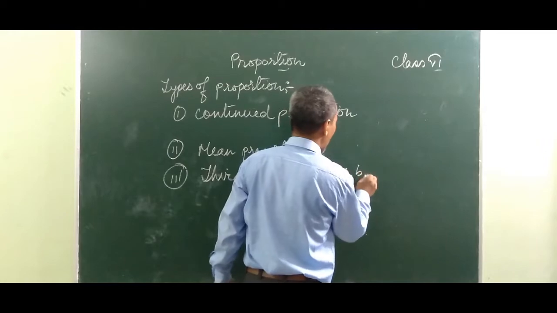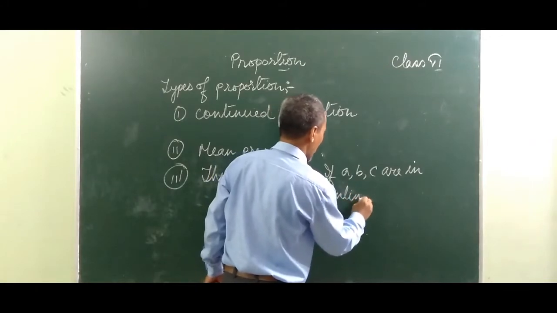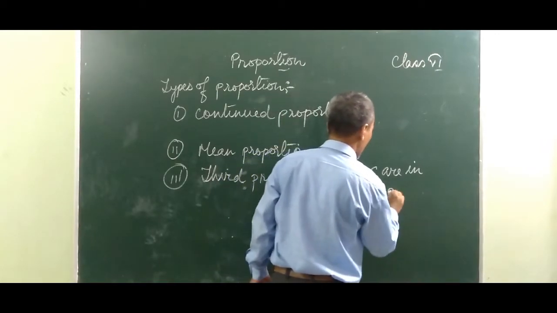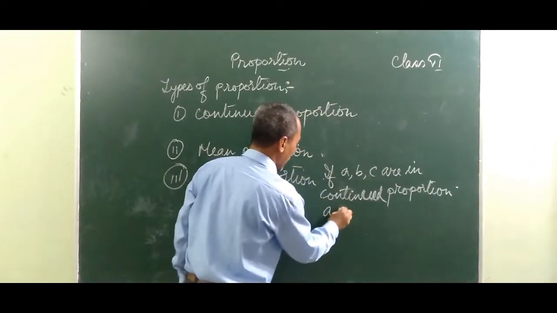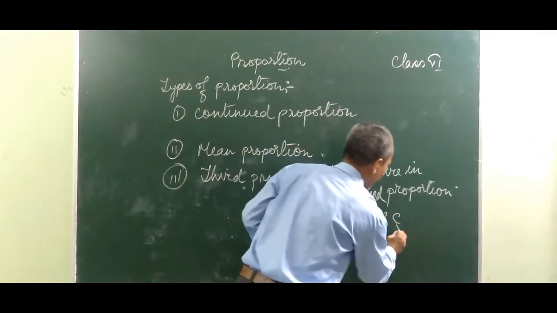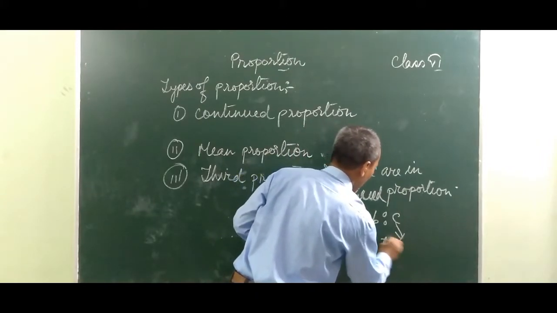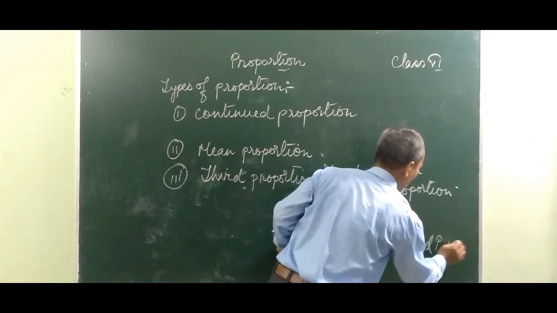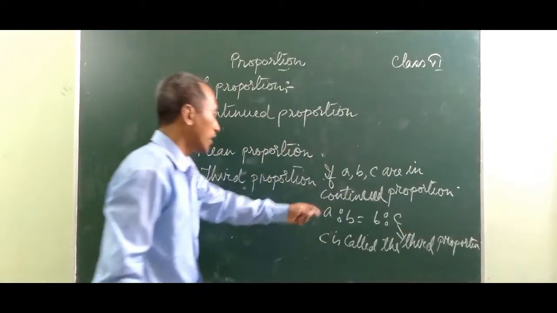If A, B, C are in continued proportion, that is A is to B is equal to B is to C, then this C is called the third proportion. C is called the third proportion.